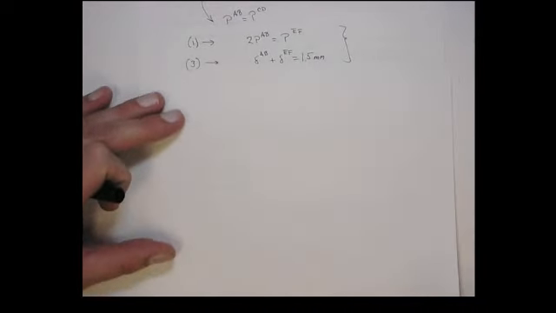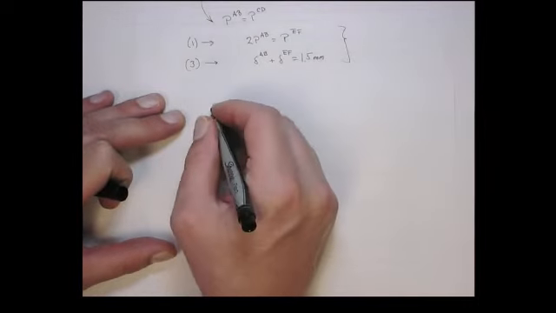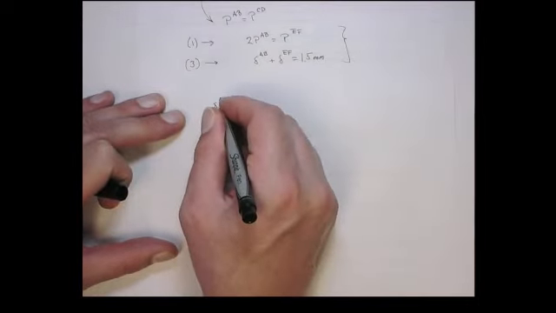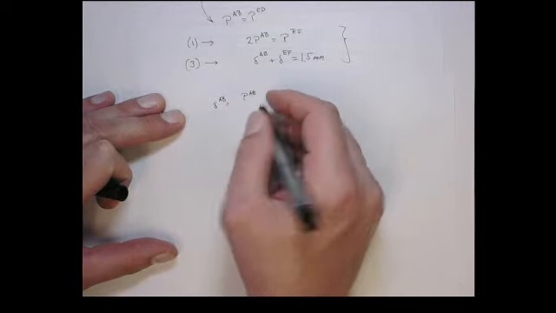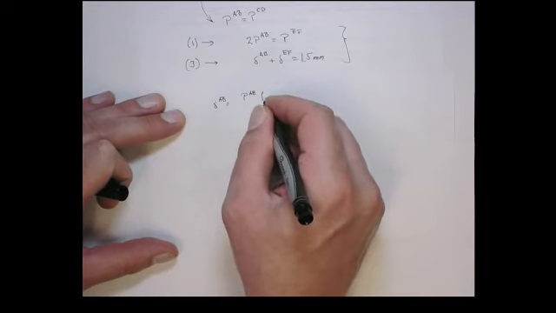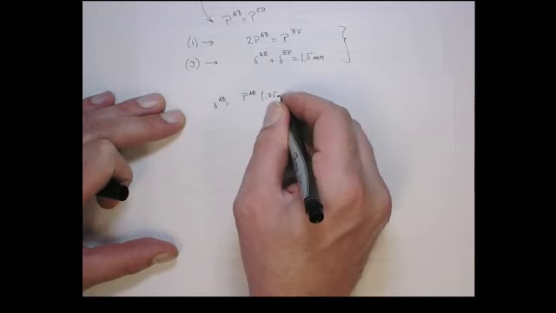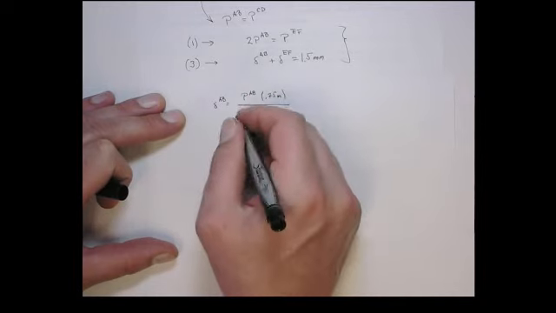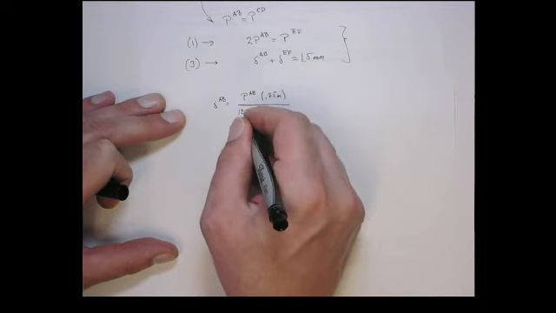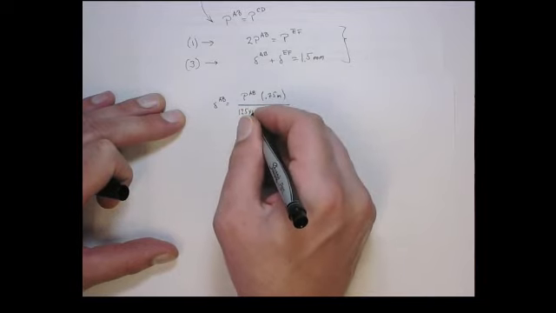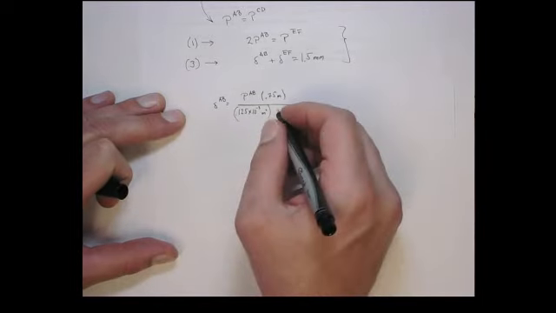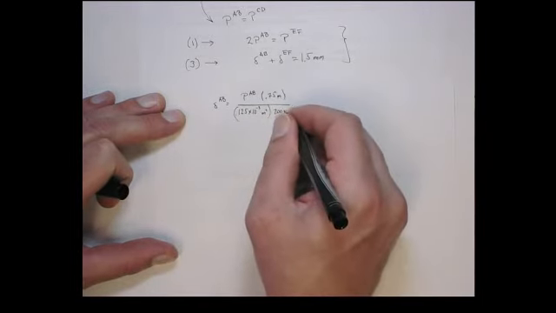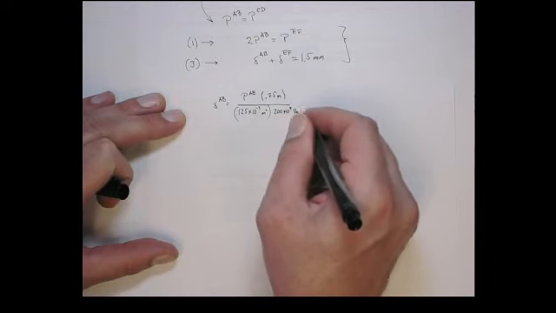So delta AB is the force in AB times its length, which is 0.75 meters, over its cross-sectional area, which is 0.125 times 10 to the minus third meters squared, times E, which is 200 times 10 to the ninth pascals, okay?